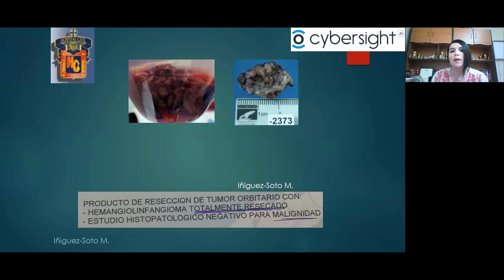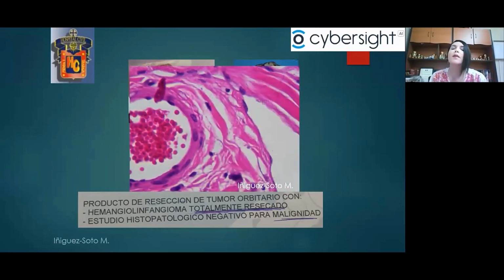Here we have the sample. The histopathology result talks about a lymphangioma, as we thought, totally removed and negative for malignancy. And here we have a very beautiful photograph from the histopathologist, because we have a very representative vessel with erythrocytes and another vessel with lymph.